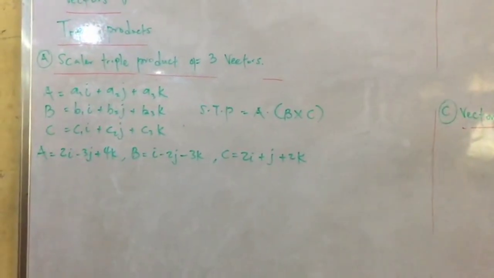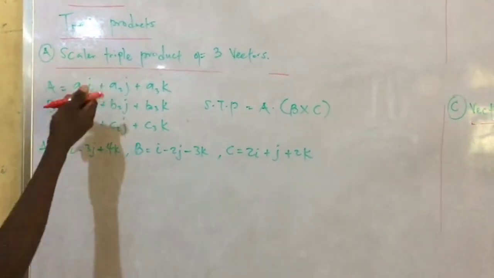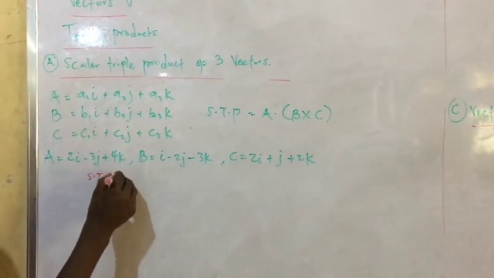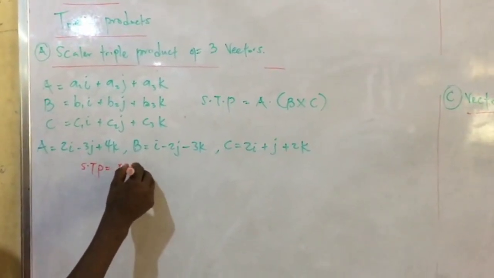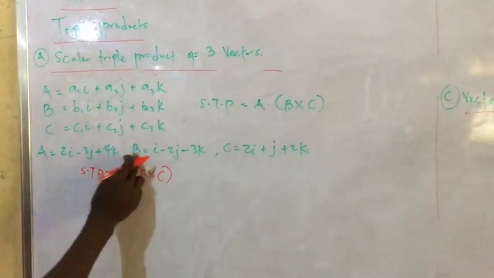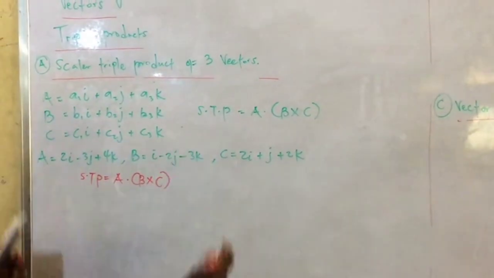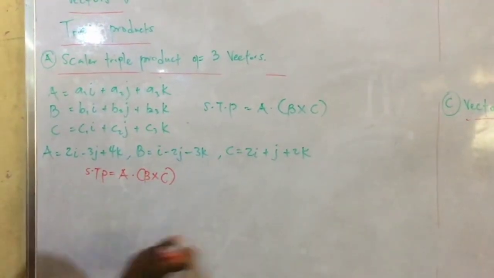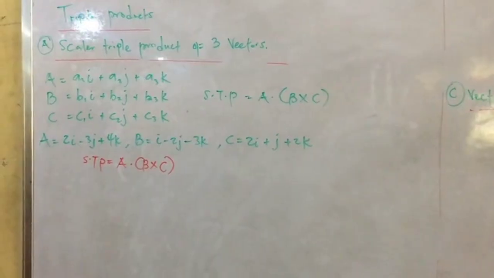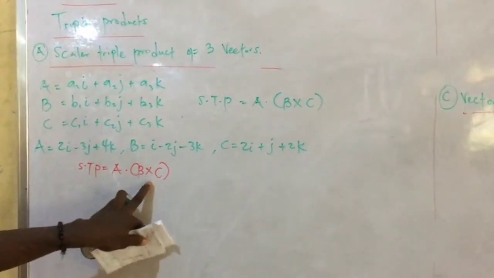From the formula, we already know that our scalar triple product, STP, is going to be A dot bracket B cross C. You can as well create one determinant altogether, putting A at the top and B and C below, and that will lead you to the correct answer. But for more clarity, we are going to take it one after the other. So let us take B cross C first.